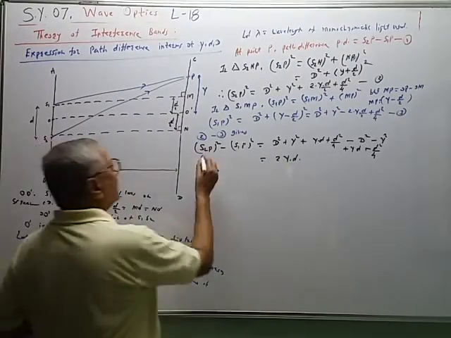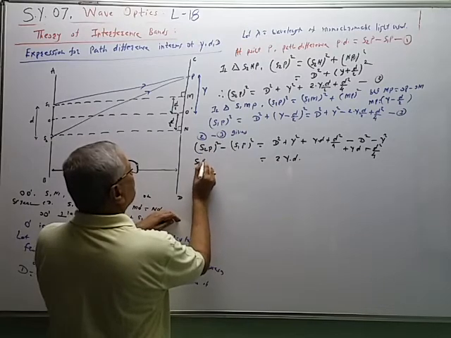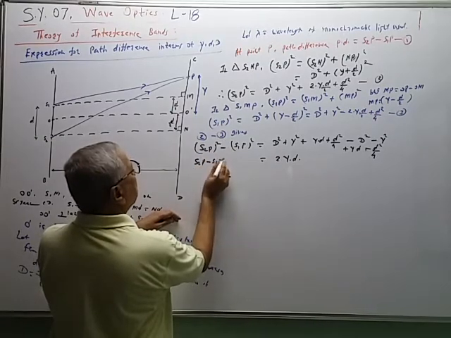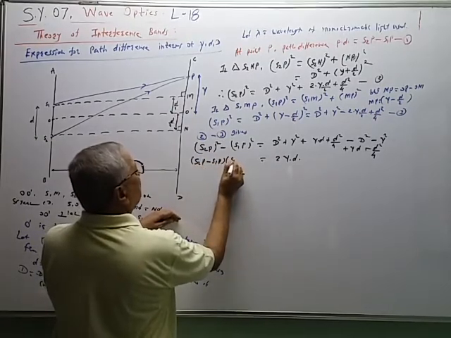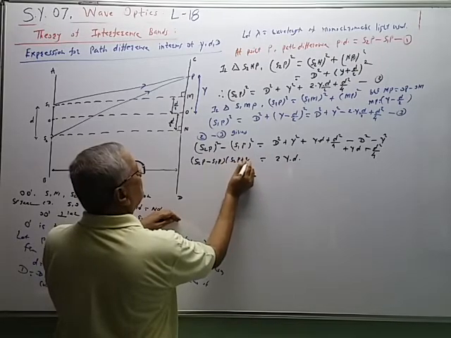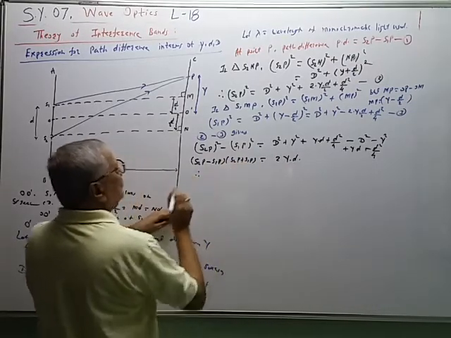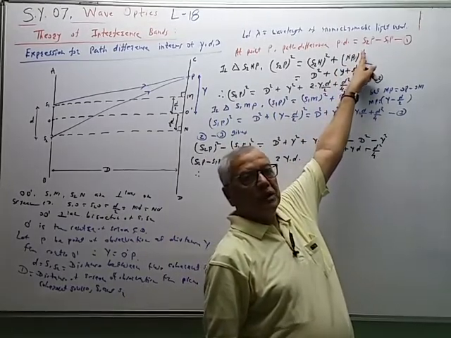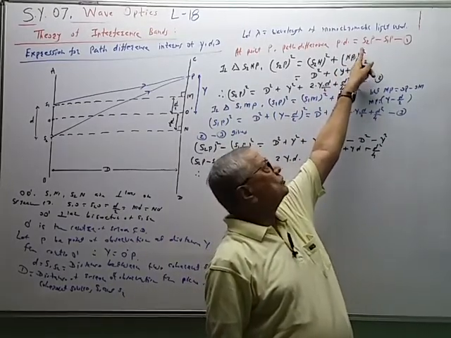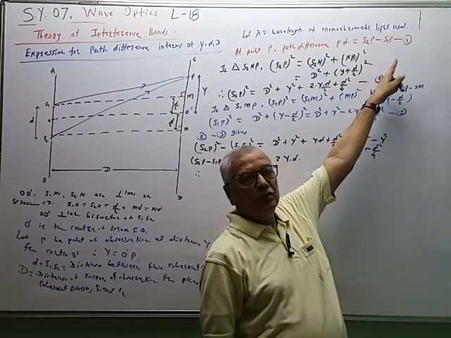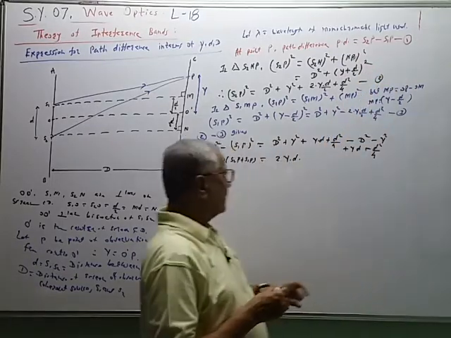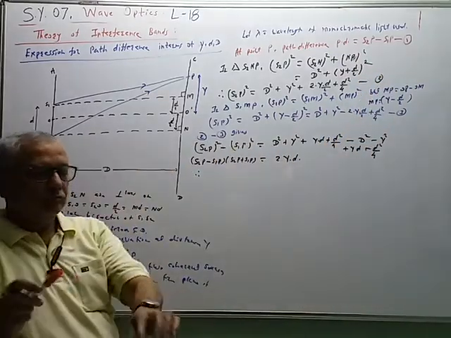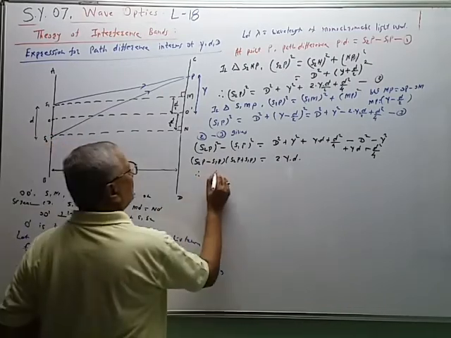Now factorize this. This is equal to S2P minus S1P times S2P plus S1P, like x squared minus y squared equals x minus y times x plus y. Therefore we have to find the value of this. The path difference at point P between the two waves is equal to S2P minus S1P. So we have to find this value, and therefore we will keep this value on this side.